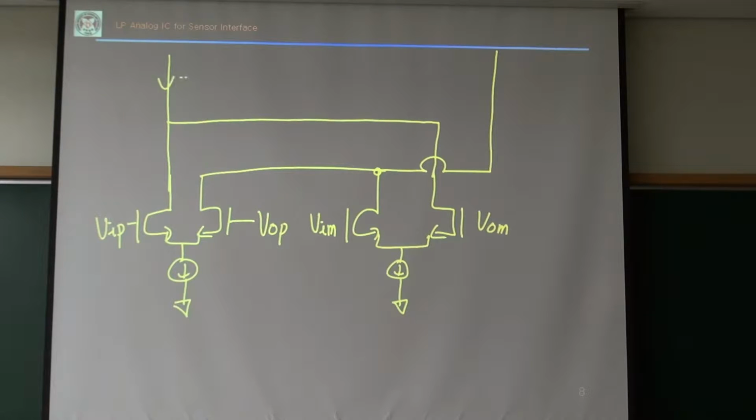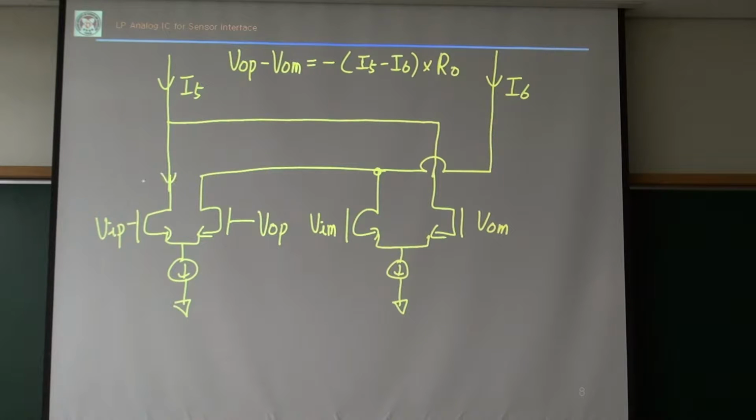So I want to calculate I5, I6. Then my differential output was minus I5, I6 times RO, okay, in the previous case. Okay, let's try to look at this one.